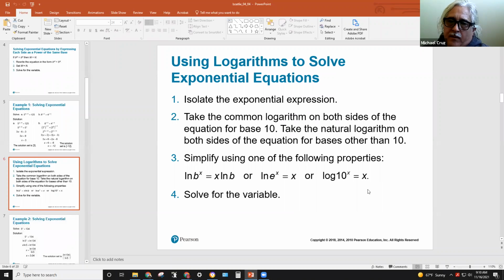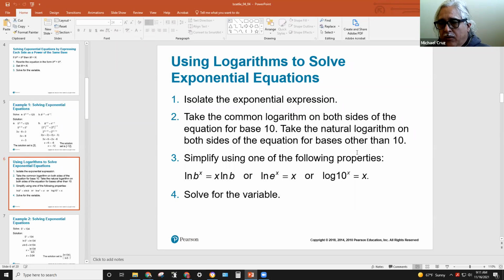Okay. Now we can use logarithms to solve exponential equations. Isolate the exponential expression. All right, take the common log of both sides of the equation for base 10.